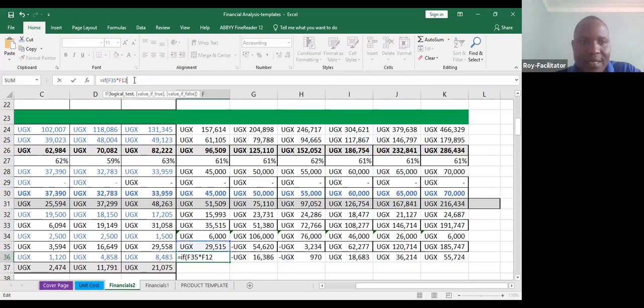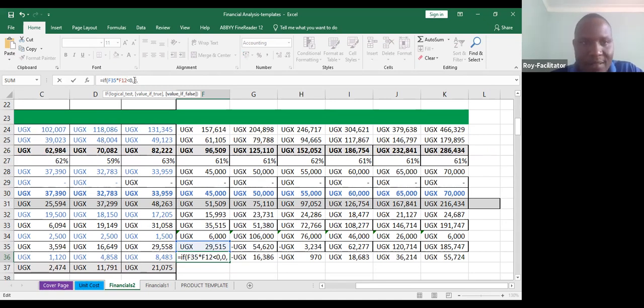this is less, is it less than zero? Less than zero, put zero. Greater than zero, put zero.